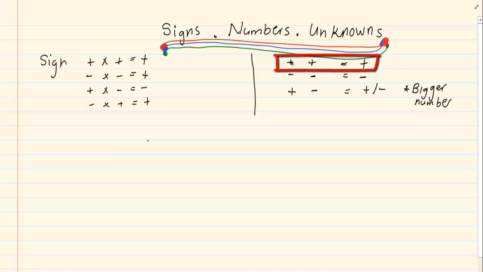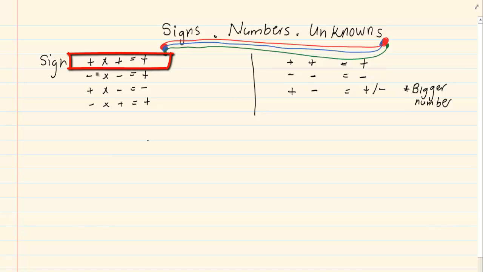Now, when we are adding numbers, it is a positive. When we are subtracting numbers, it is a negative. But when we are multiplying, it is a positive. And if I say negative times negative, it's a positive.